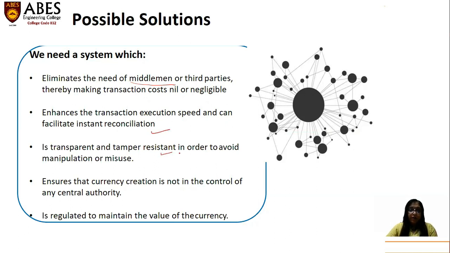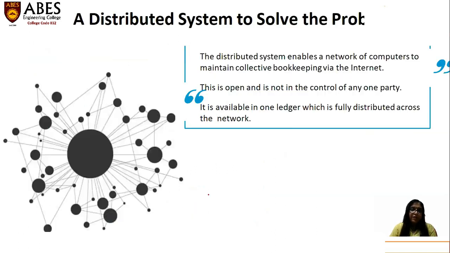It should be transparent, in order to avoid manipulation or misuse, so that my money works in a very transparent manner. It should ensure that currency creation is not in the control of any central authority and is regulated to maintain the value of the currency. So we require this type of system.